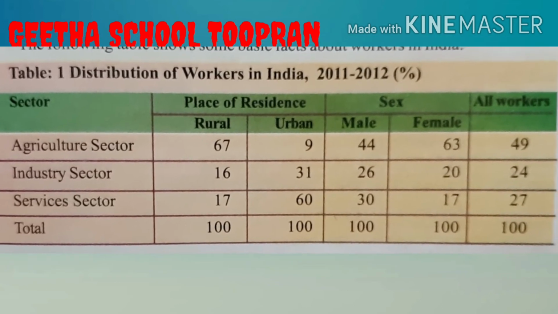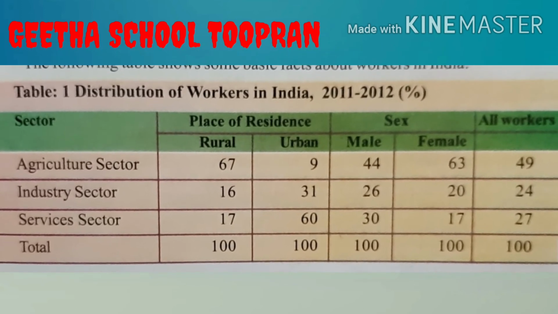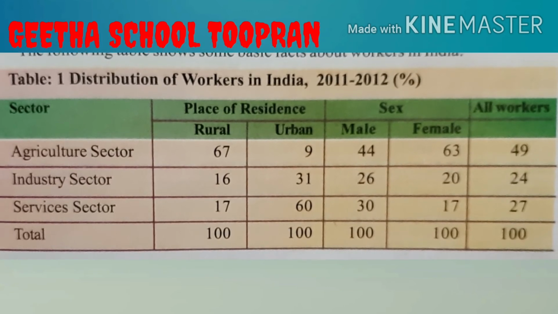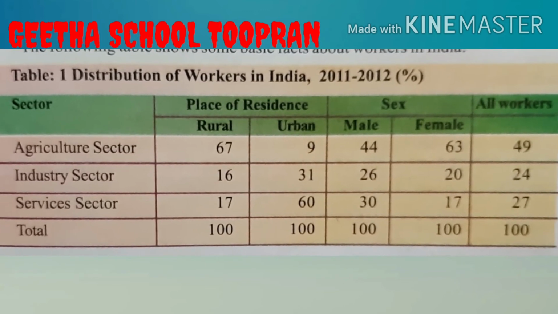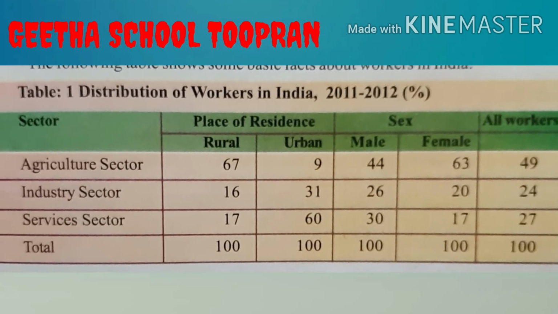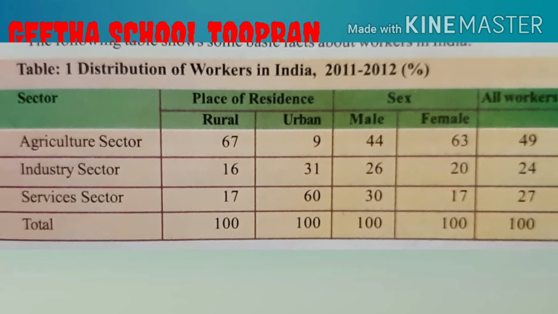See now, agri sector in rural area, 67% of people depend upon the agri sector. Do you understand? In rural area, 67% of people are working in the agri sector. In urban area, it is only 9%.